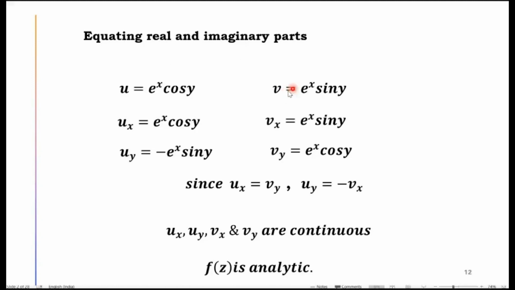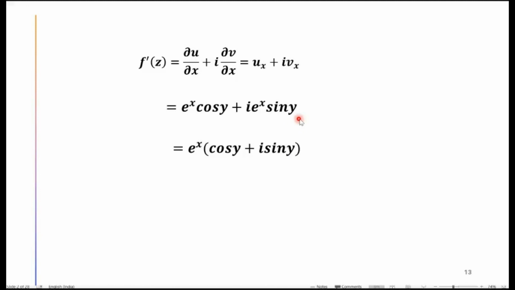ux was e raised to x cos y and vx is e raised to x sin y. So we have to substitute e raised to x cos y for ux and e raised to x sin y for vx. e raised to x is common, so I will take it outside: cos y plus i sin y.